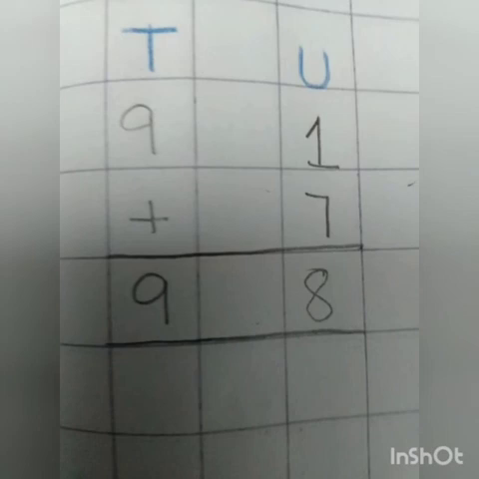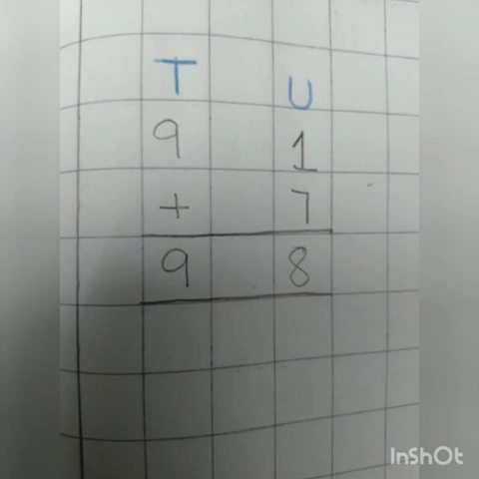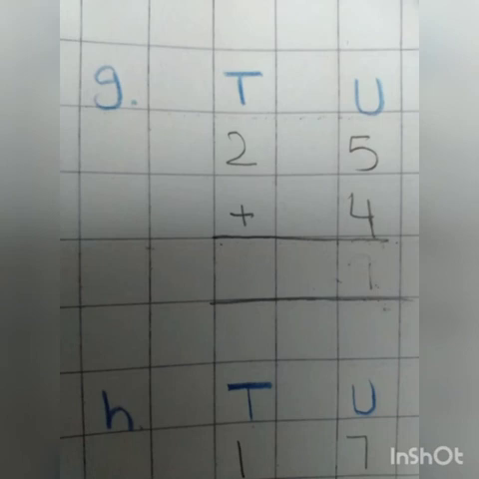And 9 will be adding with which number? No number. So 9 will come down as it is. So the answer will be 98. Yes, very good. So we have done A, B, C, D, E and F.